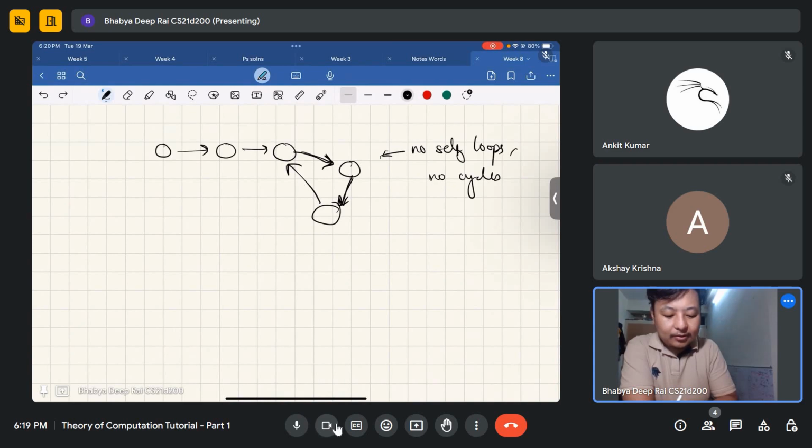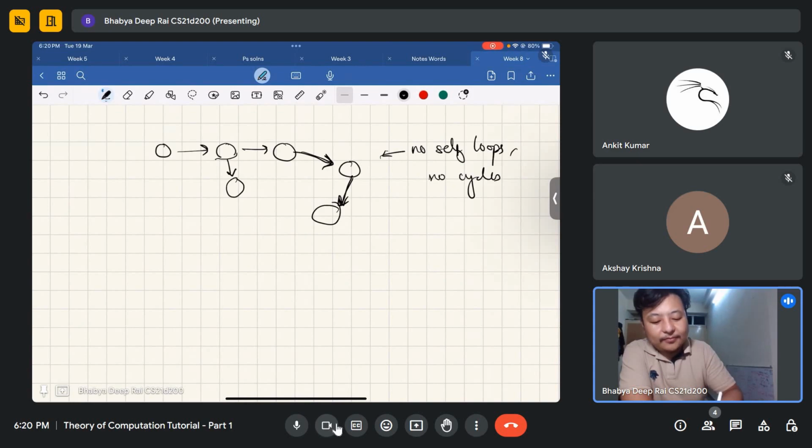No cycles like this. No self loops, no cycles. Maybe something like this is allowed. This is still not a cycle, but if I make it this way, then it becomes a cycle. So no self loops, no cycles. The question is, can it accept an infinite language?